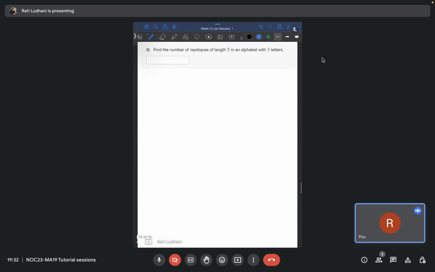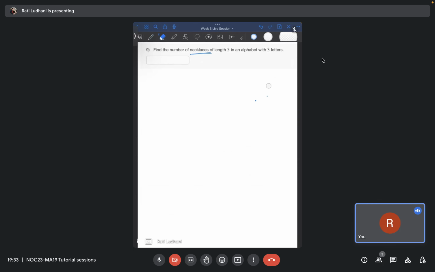Okay, let's move to the next question. Find the number of necklaces of length 5 in an alphabet set with 3 letters. So you have the same thing. Now what are necklaces? Necklaces says the cycles will be considered same.